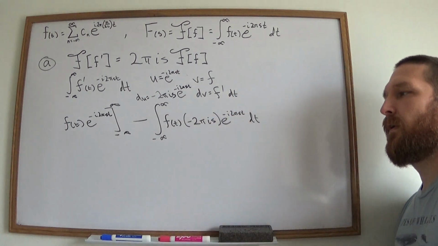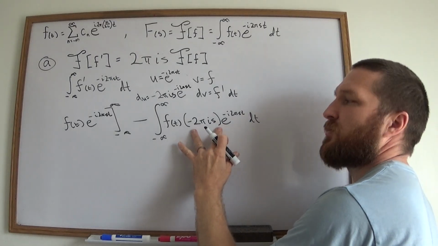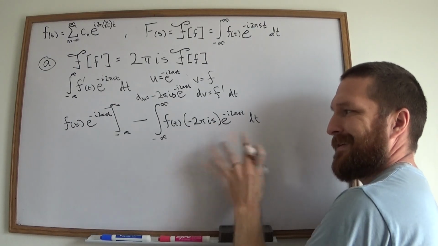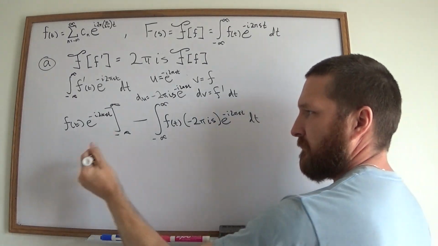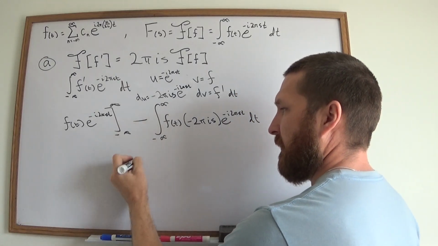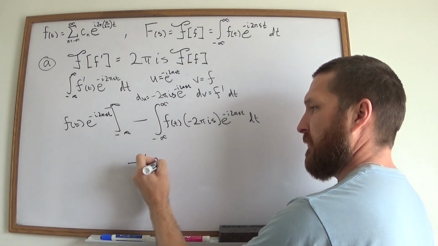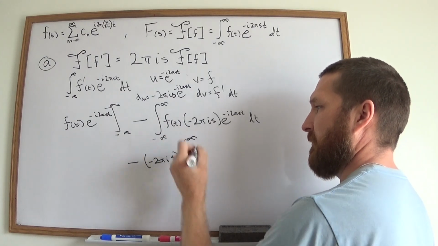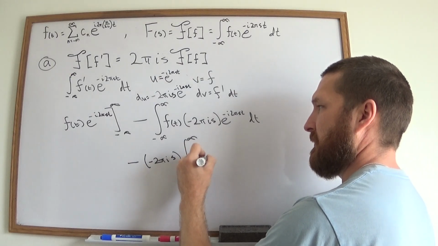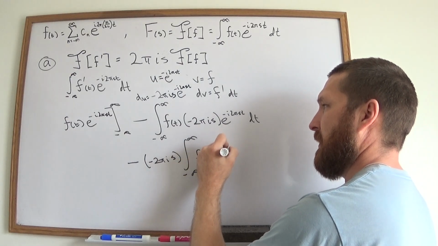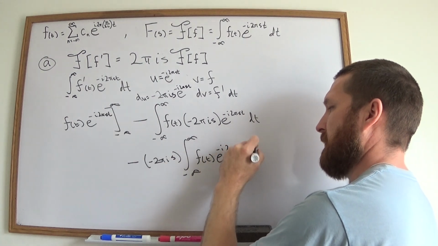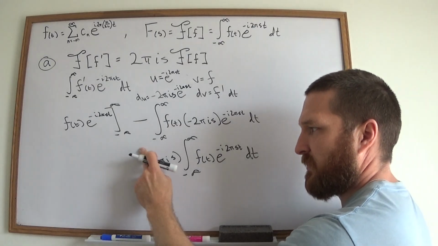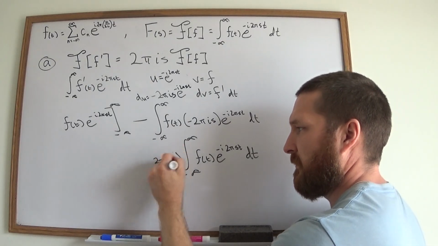This is just a constant as far as this integral is concerned, so s comes out. That's a negative 2 pi i s times the integral from negative infinity to infinity of f of t e to the minus i 2 pi st dt. Negative, negative makes a positive, so I'm just going to go plus this right here.